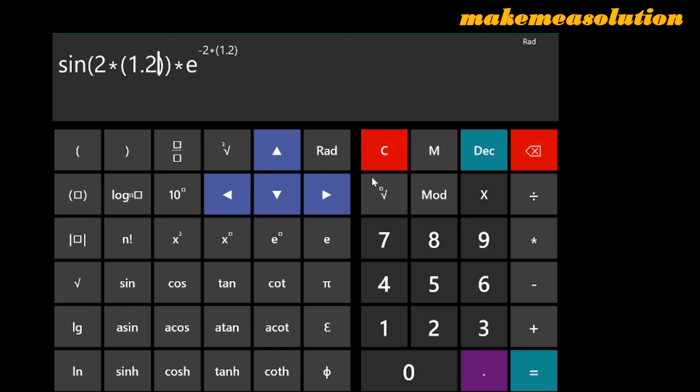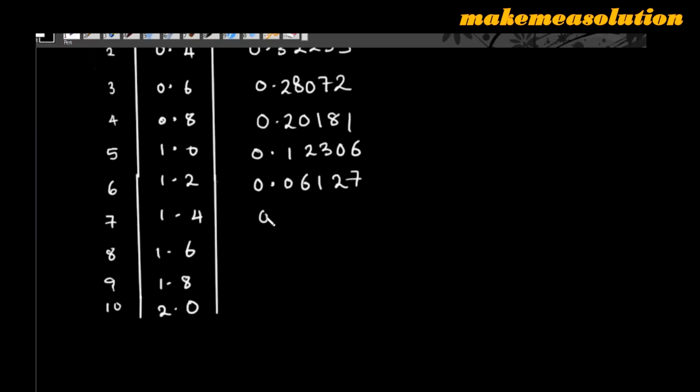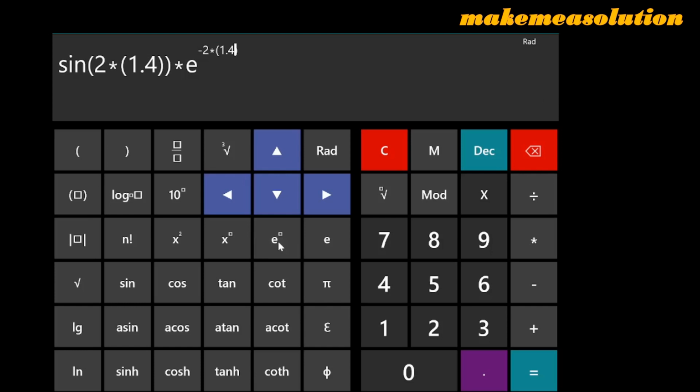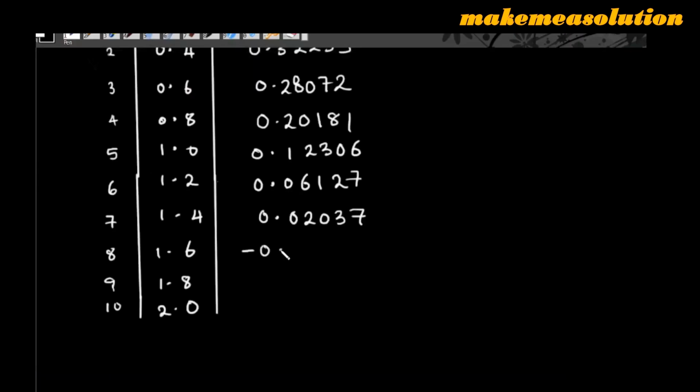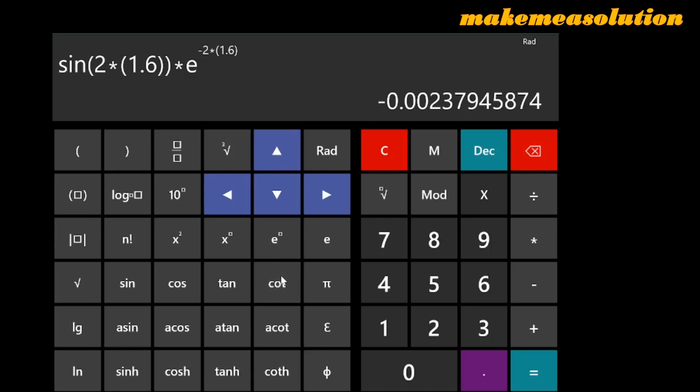The next one is 1.4, we'll have 0.02037. Then we have 1.6, which is going to evaluate to minus 0.00238.